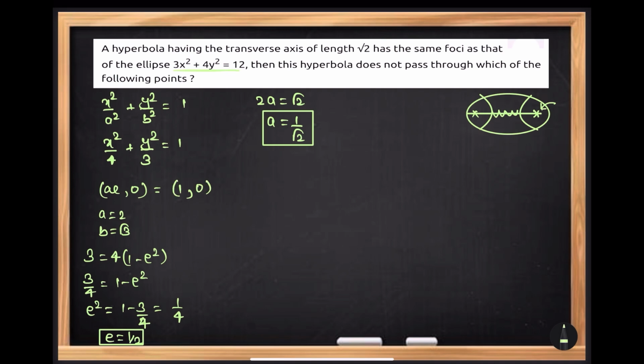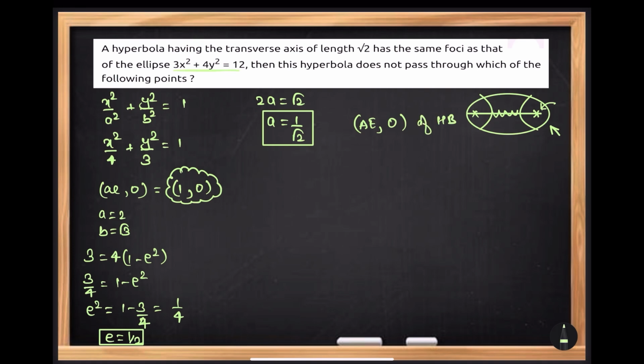Now try to understand, the same foci will be taken over by the hyperbola, right? So can I say that we will have (ae, 0), correct? And this is of the hyperbola.